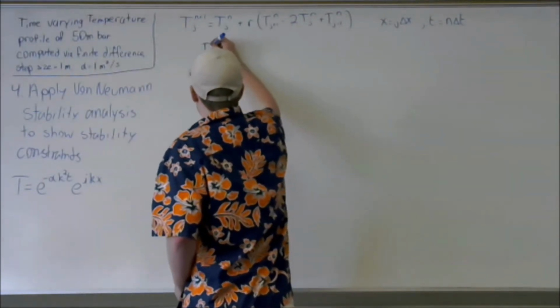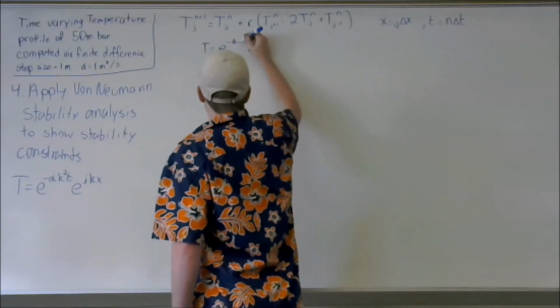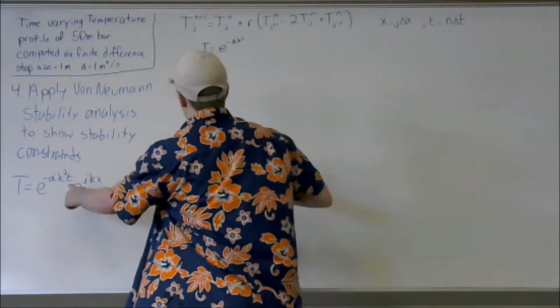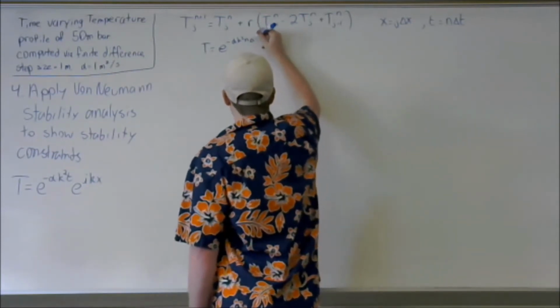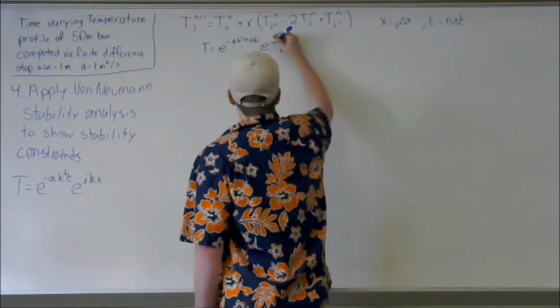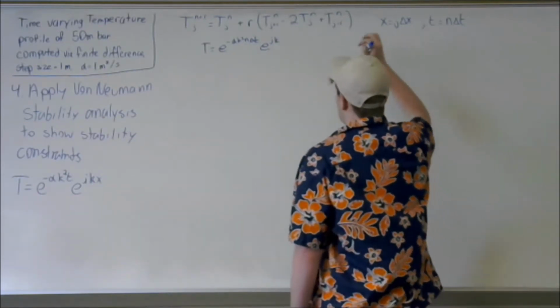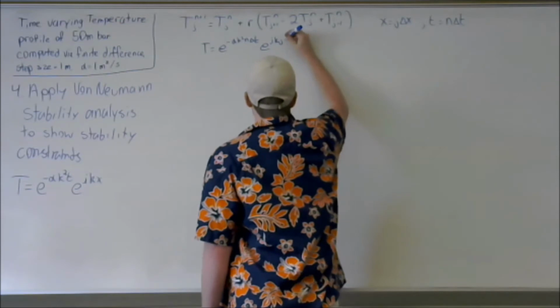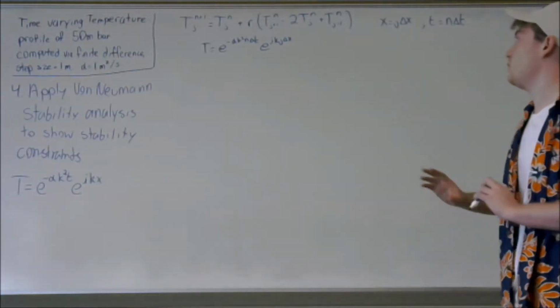So our temperature, we'll say, is equal to e to the negative alpha k squared, and instead of t, we're going to use n delta t, so n delta t, times e to the i k, and instead of x, we're going to use j delta x. J delta x. And you'll see why pretty soon.